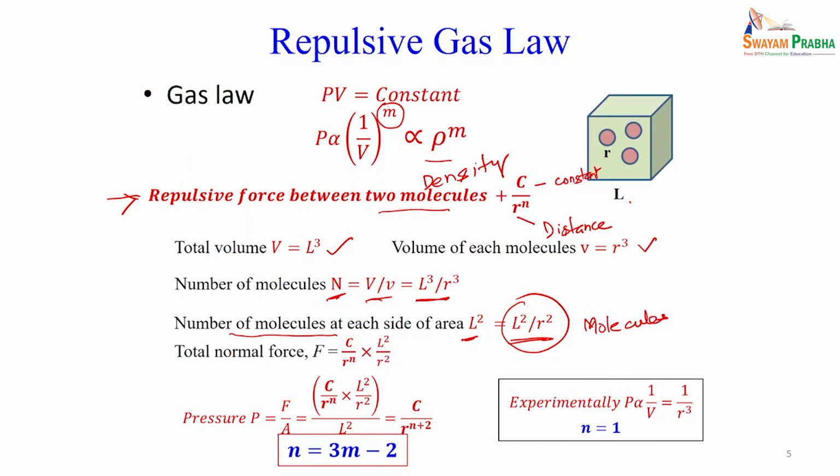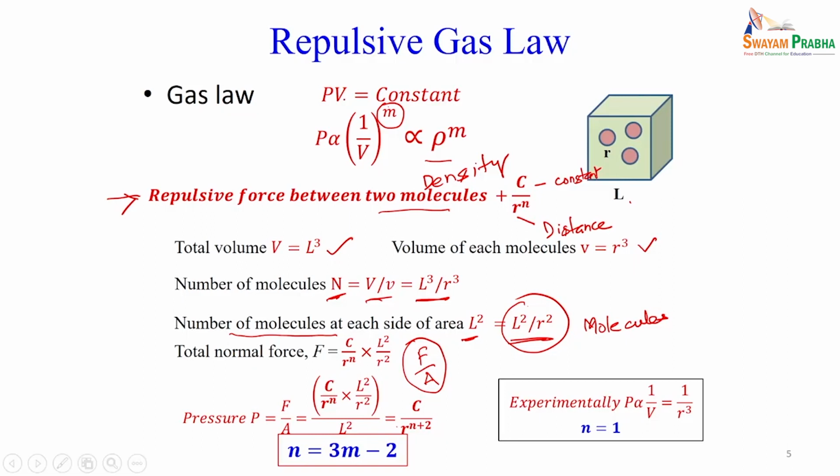Now if I want to calculate the pressure, I have to divide this force by the area, and this area is L square. I am considering one side of this cube. So it is coming like C upon R to the power n plus 2.